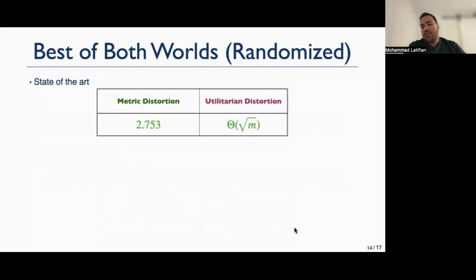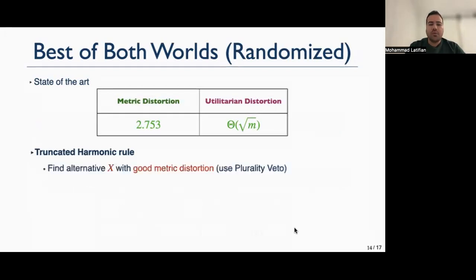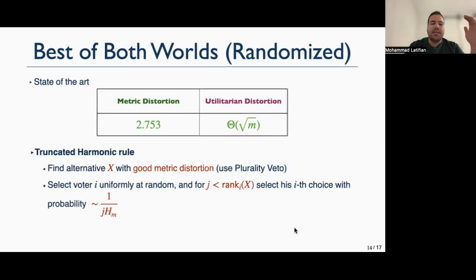And the best utilitarian distortion is theta of square root of m, which is achievable by this stable lottery rule. Here we design the truncated harmonic rule, which finds an alternative with good metric distortion using a deterministic rule like plurality veto, and then selects a voter uniformly at random, finds the rank of this candidate X in his ranking.